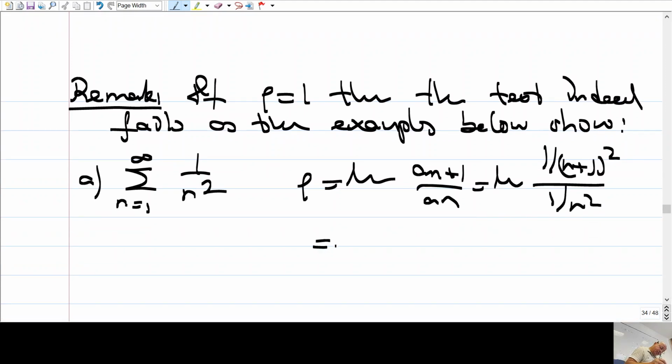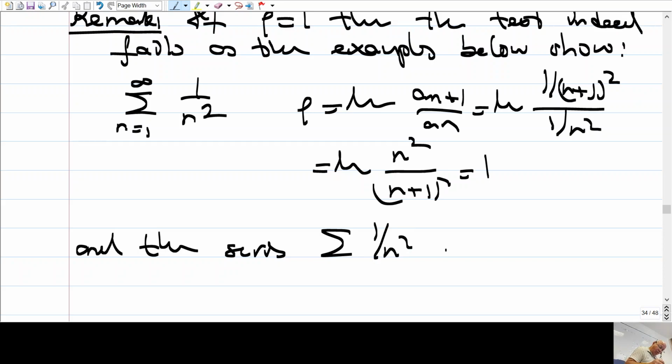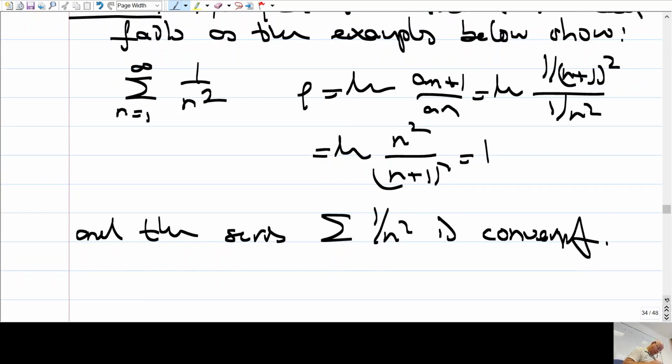So this is just the limit of n squared over (n+1) squared. This is 1. And this series is convergent. So rho is 1, and the series is convergent.